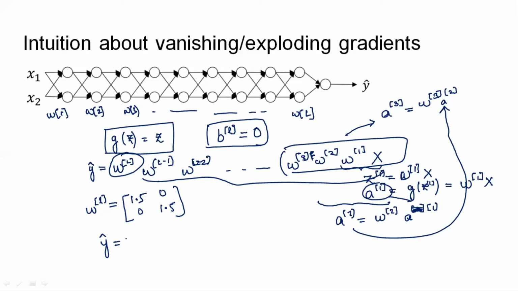It would be equal to W capital L, because there is a separate weight matrix for the output layer, multiplied by the repeated weight matrix L minus 1 times, because we are repeating this weight matrix for all the L minus 1 layers except the final layer, W capital L. So it would be W capital L raised to the power L minus 1, multiplied with the input feature vector x.